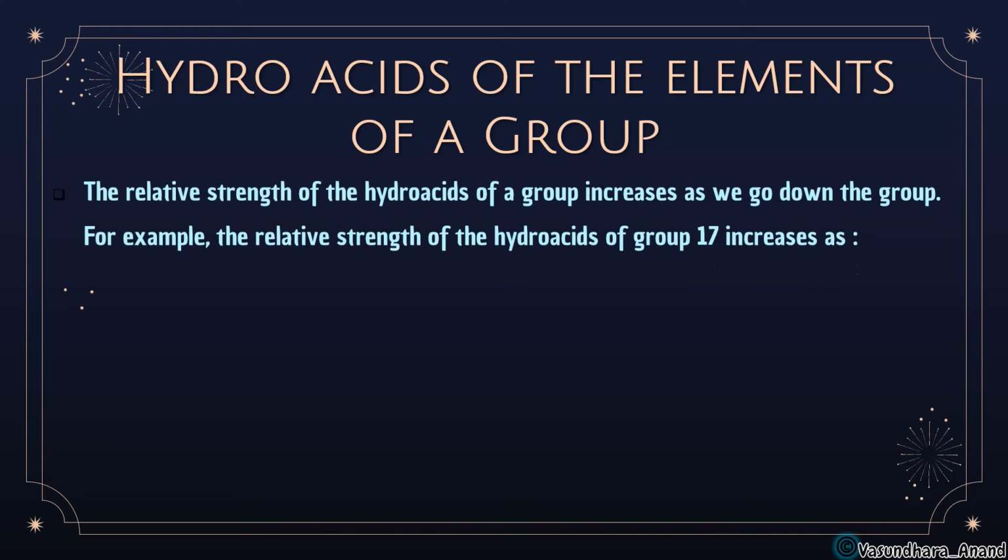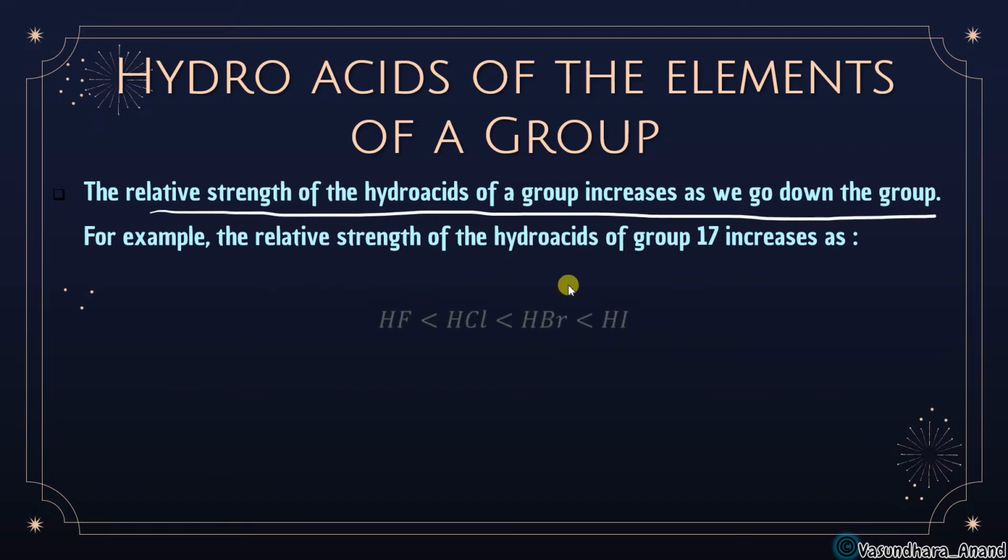Yes. The relative strength of hydroacids of a group increases as we go down. Example, for the 17th group, acidity increases as HF is less than HCl, than HBr, than HI. And the reason I have told you in the previous slide also.